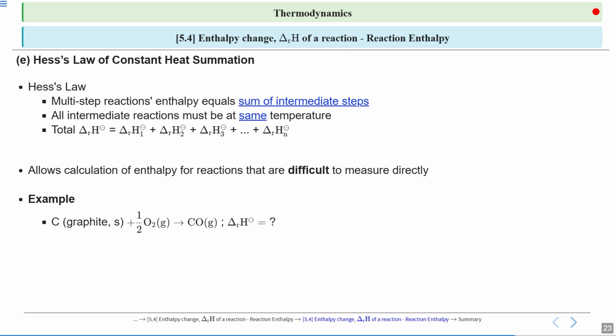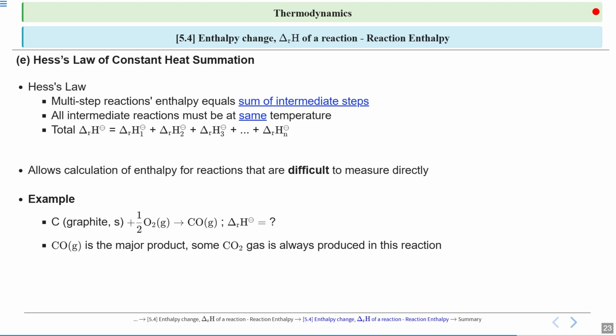Suppose you take the case of graphite conversion to carbon monoxide and you don't know the delta RH naught for the given reaction. How do we calculate it? For that, you need to know that there is some other information available to you. Now, why is the calculation of enthalpy change difficult in this case?